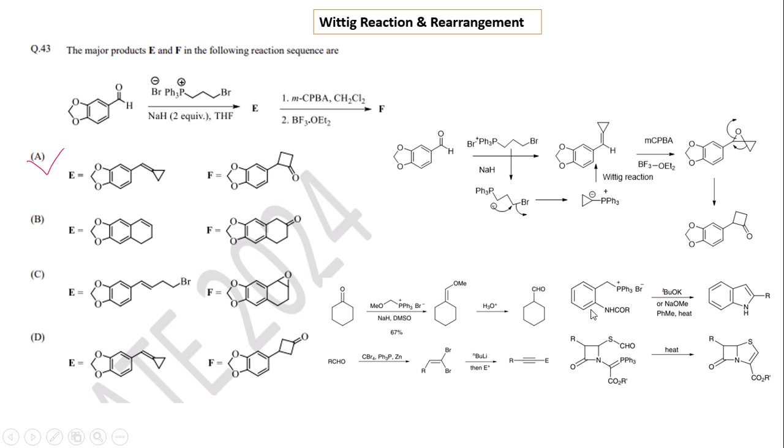This is an example of the intramolecular Wittig reaction, where the intramolecular ylide undergoes addition to give the indole derivative. And this problem is also very important for the NET examination, where carbon tetrabromide in the presence of triphenylphosphine gives the dibromide derivative, which in the presence of n-butyllithium gives the alkyne derivative. The detailed mechanism we can give in the next section.